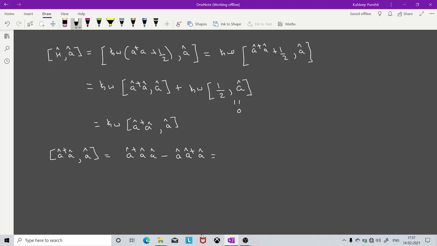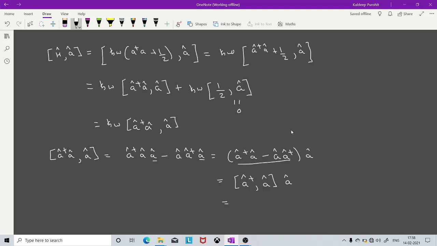If I take a common on the right hand side, I can write (a dagger a minus a a dagger) times a, so I am taking the operator a common. This thing can be written as the commutator bracket of a dagger with a, times a.